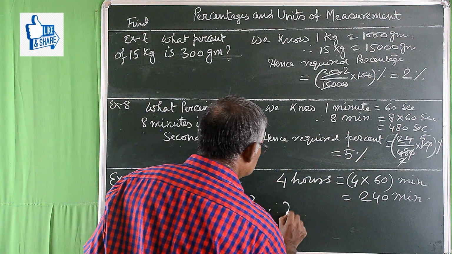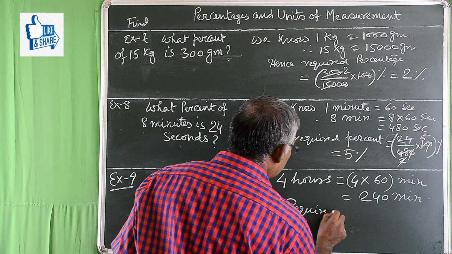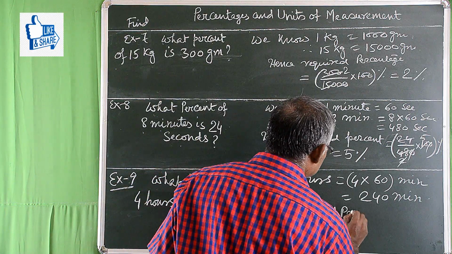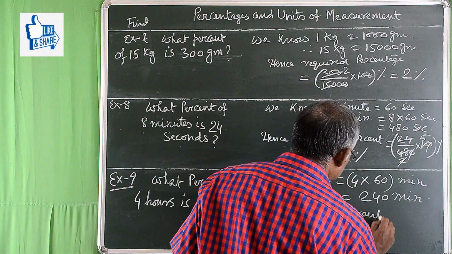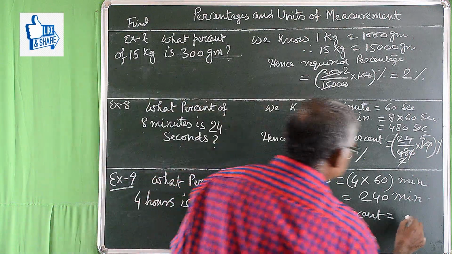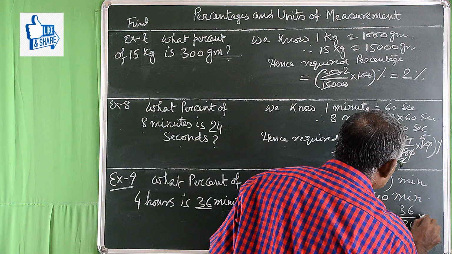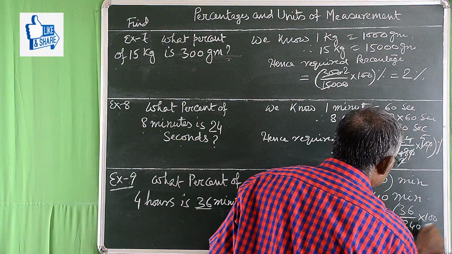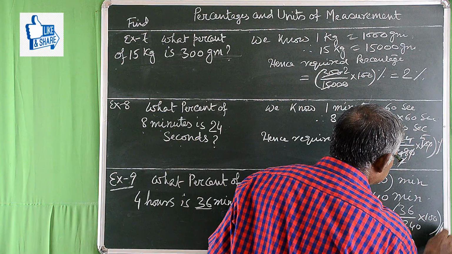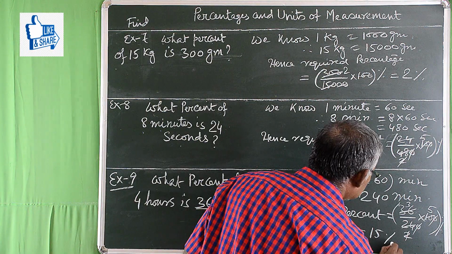Therefore, required percent equal to 36 by 240 into 100% equals to 15%.